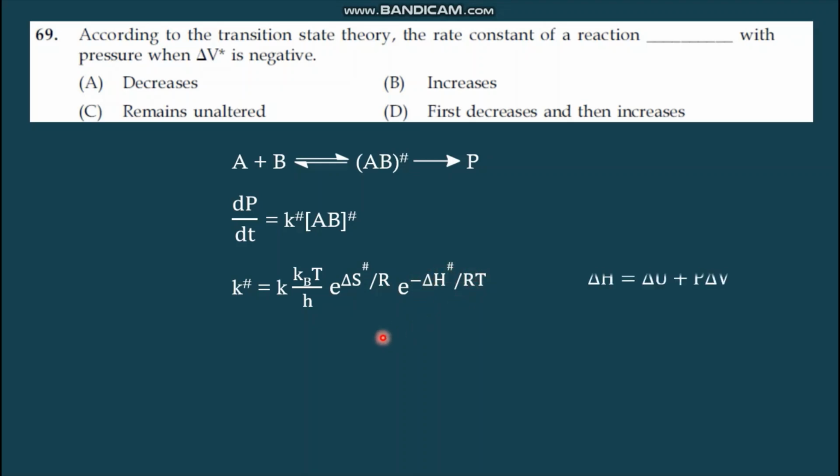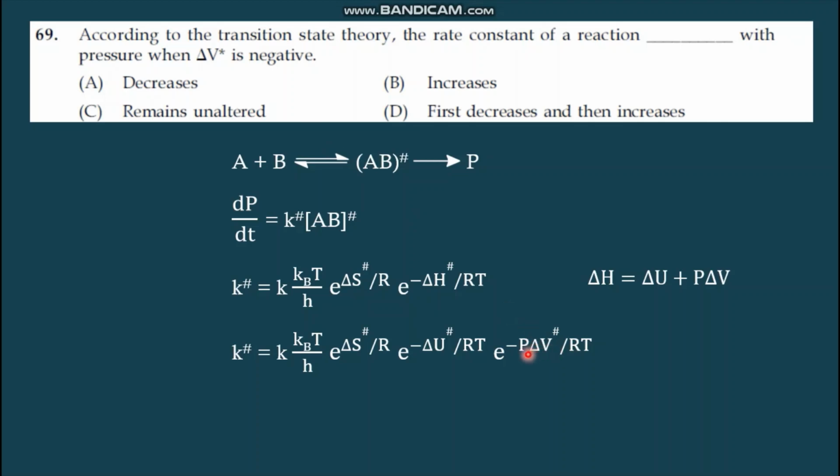Then we have delta H equal to delta U plus P delta V. Just substitute this value in this part and you will get: kBT by h, e raised to delta S dagger by R, e raised to minus delta U dagger by RT, e raised to minus P delta V dagger by RT, and it's given that delta V is negative.